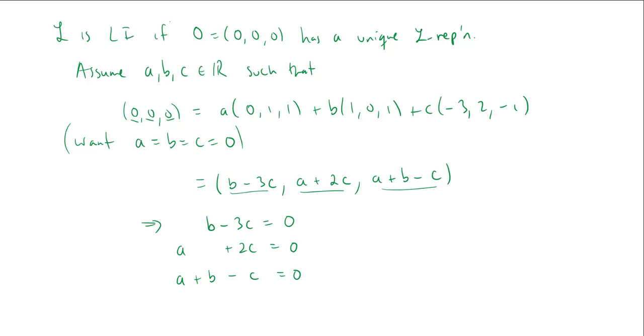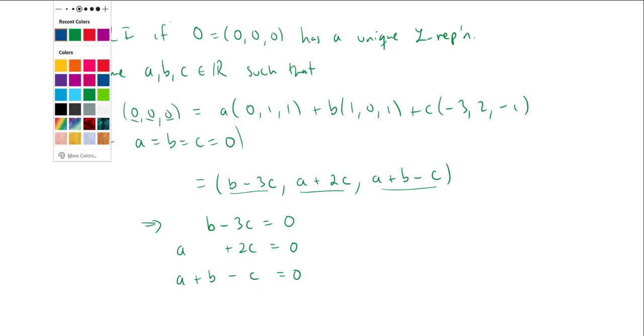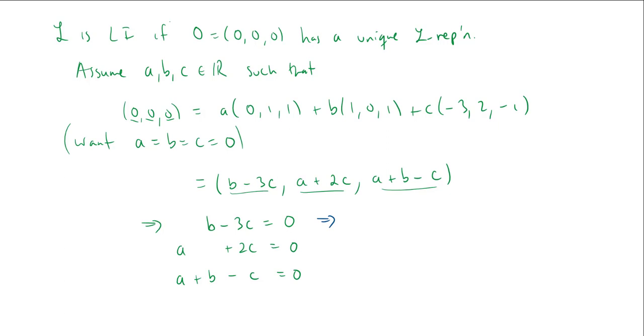I'm just going to try to solve these equations and substitute into other ones and see what happens. For example, this top equation, I can solve for B. I get B is equal to 3 times C. And this second equation allows me to solve for A. I get A is equal to negative 2 times C.